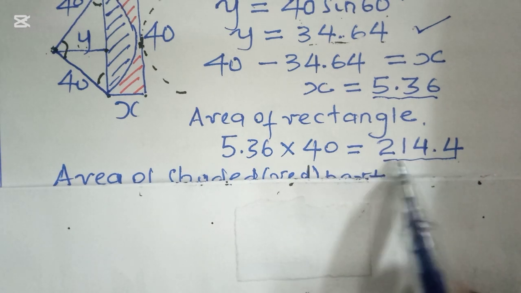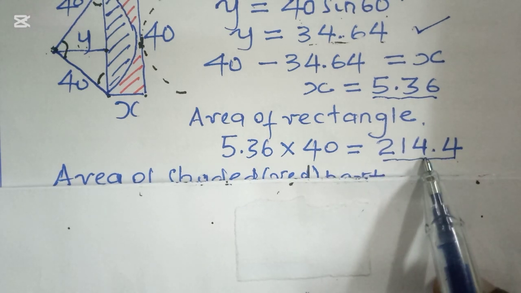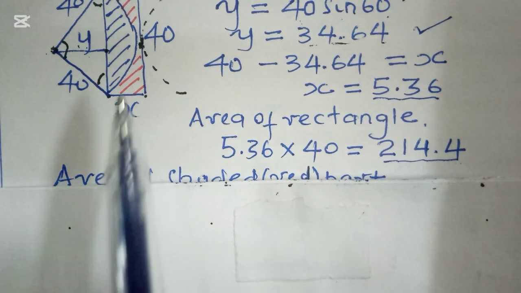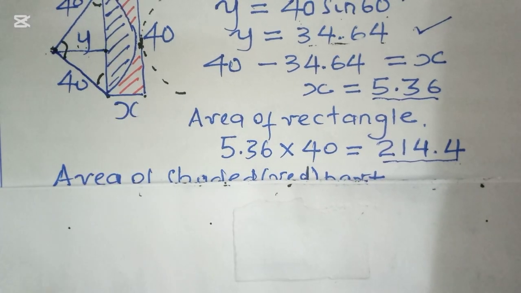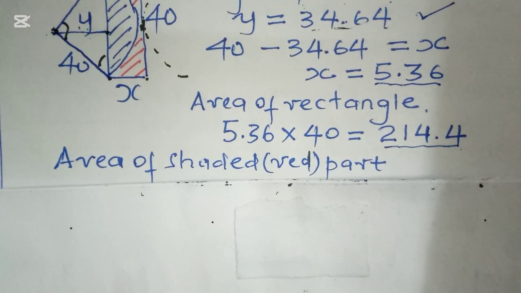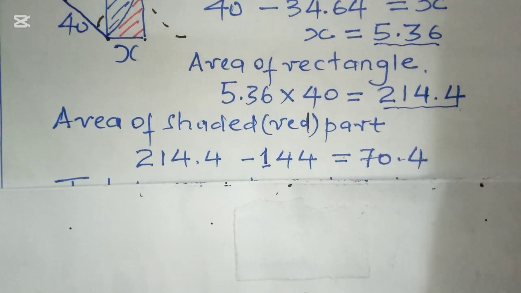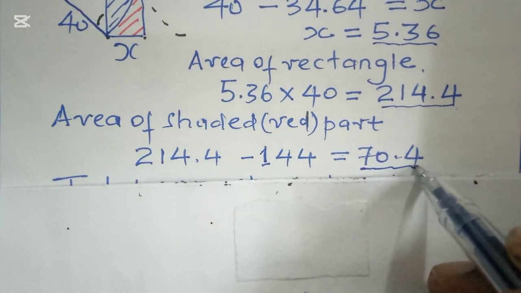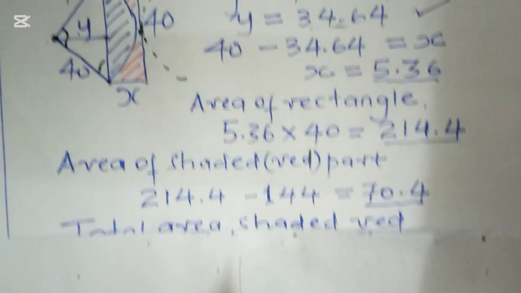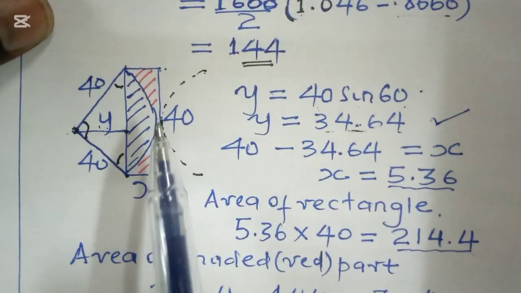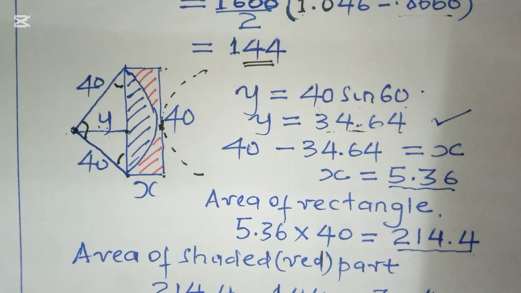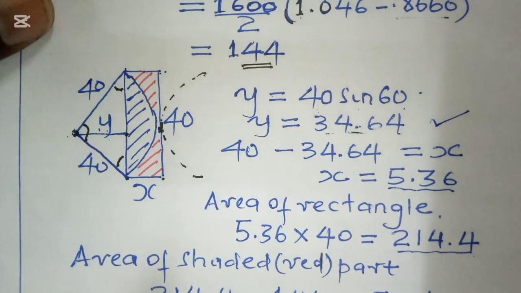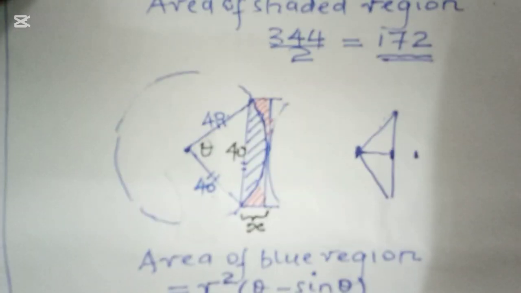And so, therefore, that rectangle being 214.4, we can now take away the blue region, which is 144. So 214.4 minus 144 comes to 70.4. And so therefore our red region here is supposed to be 70.4. Now we come and add up the other region we had here, which was 172.